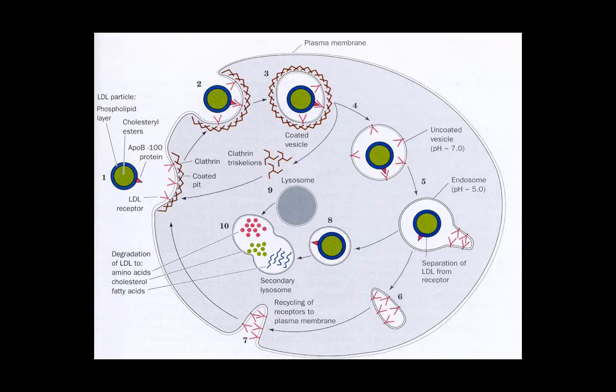So it's not the whole cell. The pH here is 7, and the pH inside the endosome is 5. The drop in pH causes separation of B100 from the LDL receptor.